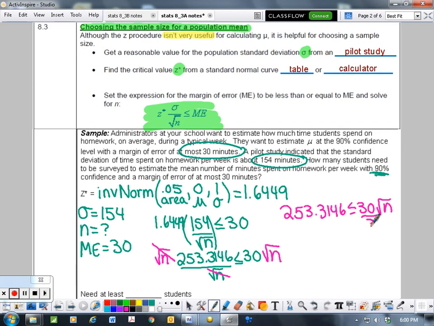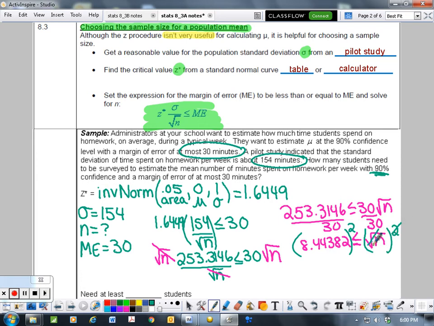So now I divide by 30, and I get 8.44382 is less than or equal to the square root of n. And I want to get rid of the square root, so to undo the square root, I'm going to square both sides.